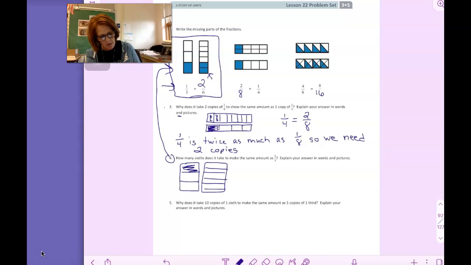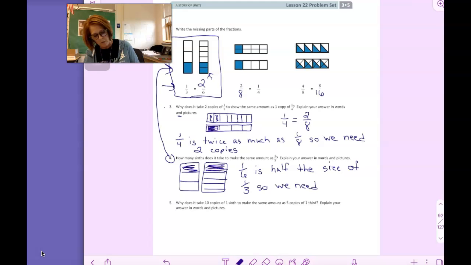And there's 1/3 and there's 2/6. We need 2/6. So the reason is because 1/6 is half the size of 1/3. So we need 2 copies.